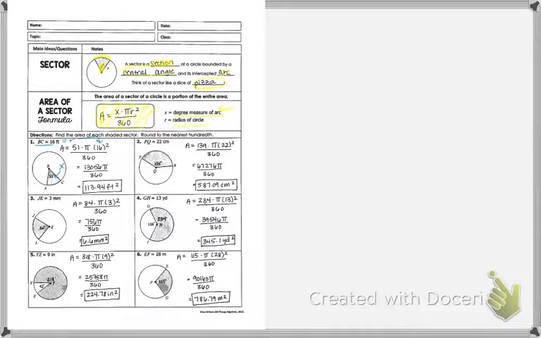So plug it in there, plug it in there, and then this, all of it. What I would do for pi, you can use 3.14.